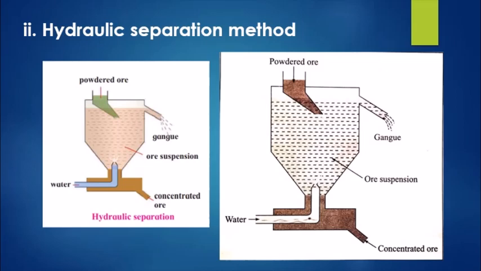From there you can collect the concentrated ore, and the lighter material coming on the top can be thrown out from here. The lighter will go out from here, and the heavier particles will settle down and can be collected from here. This is called the hydraulic separation method.